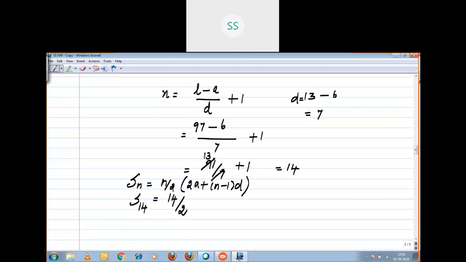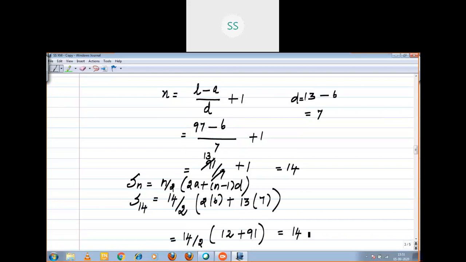Here they didn't mention anything, so you use the n formula and find out what is n. 2 into 6 plus 13 into (14 minus 1), that is 13 into 7, which is equal to 14 by 2 into (12 plus 91).